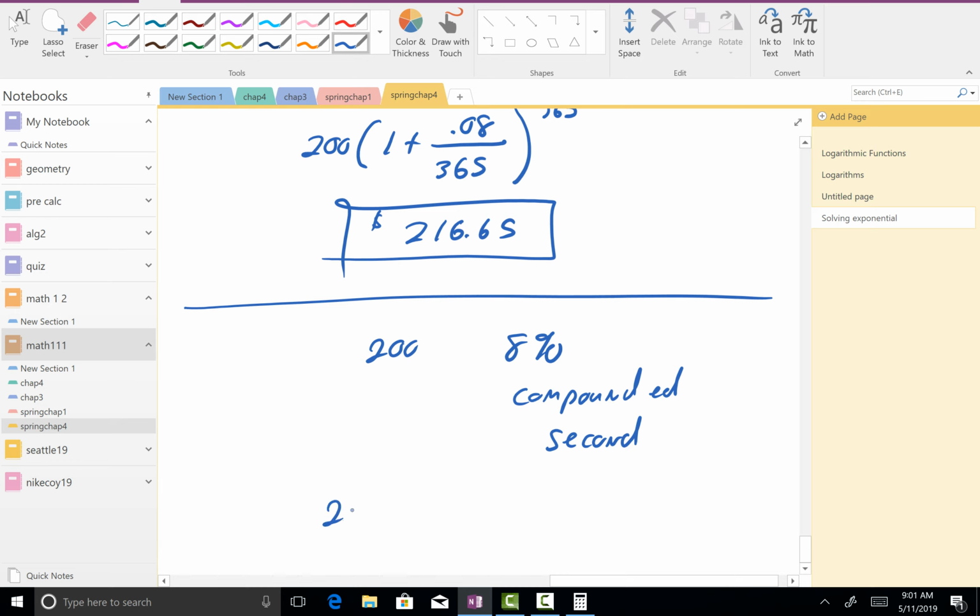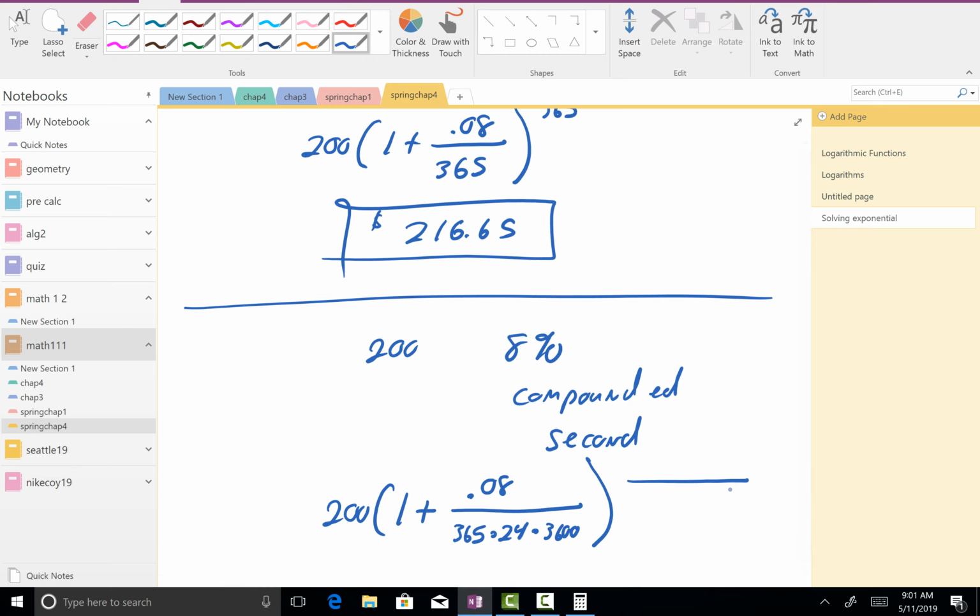All right, so we're going to 200 times (1 plus 0.08), but here we've got 365 times 24 times 3,600, and that would be the same thing up here. Try that out, put that into your decimals and see what happens.